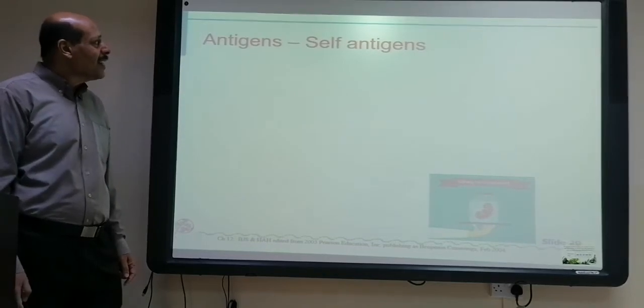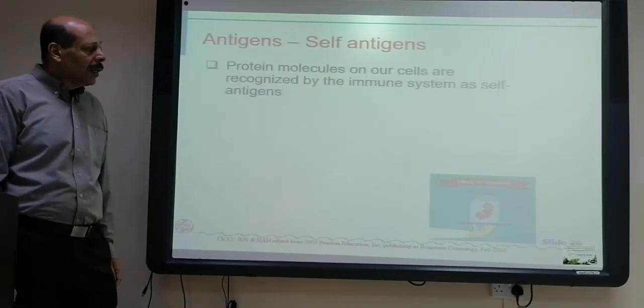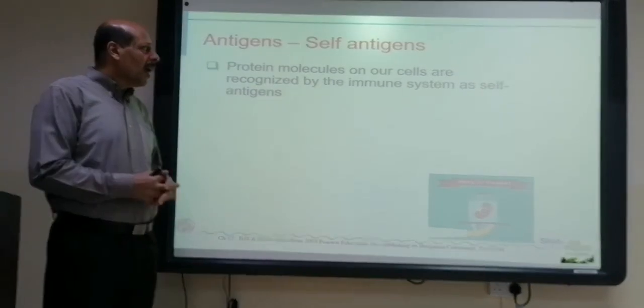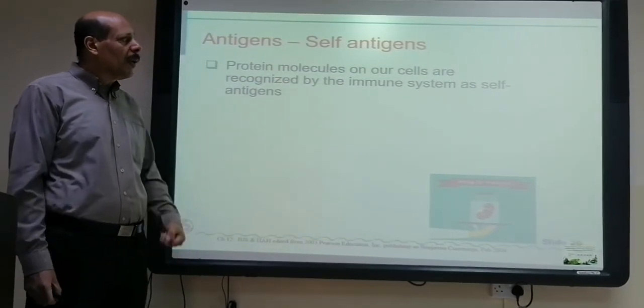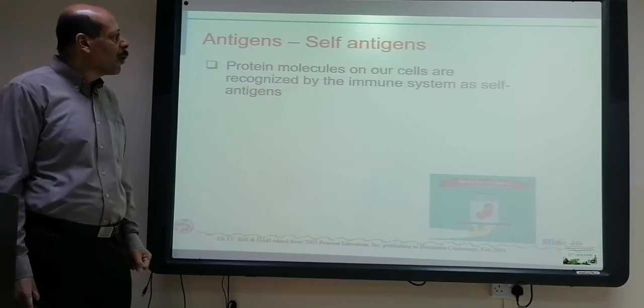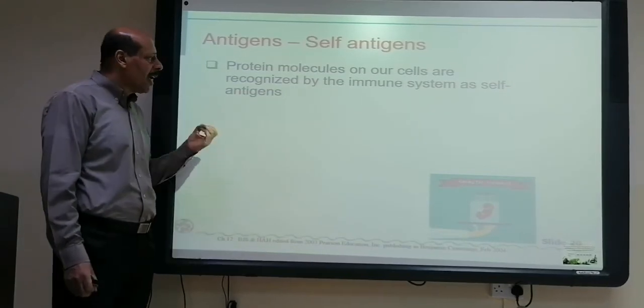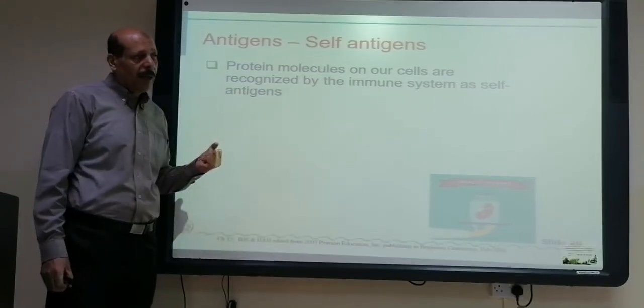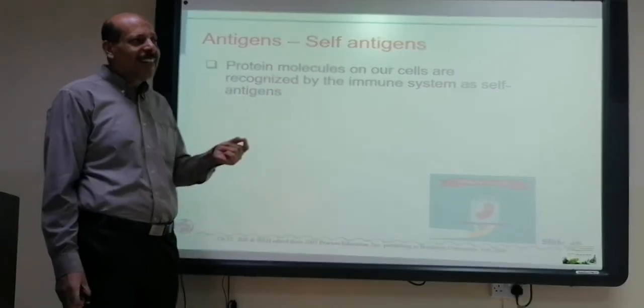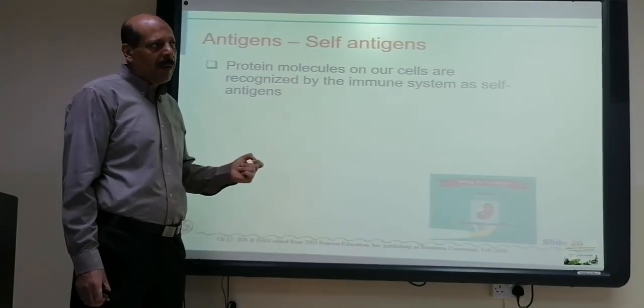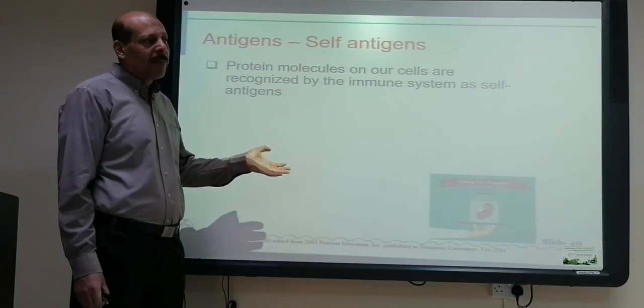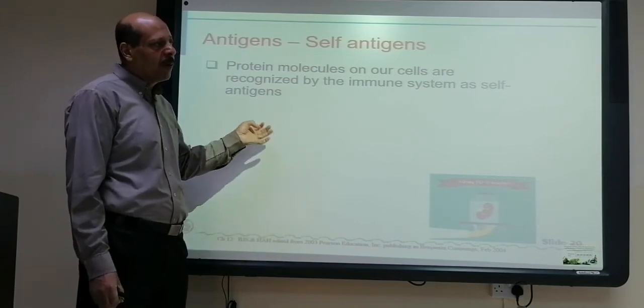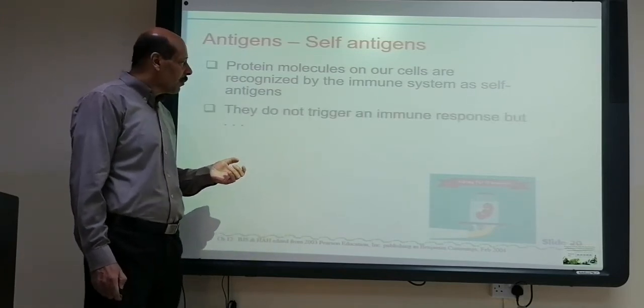There is self-antigen. The self-antigens are proteins or molecules in our cells that are recognized by the immune system as proteins from the body. So the immune system would not respond to them.